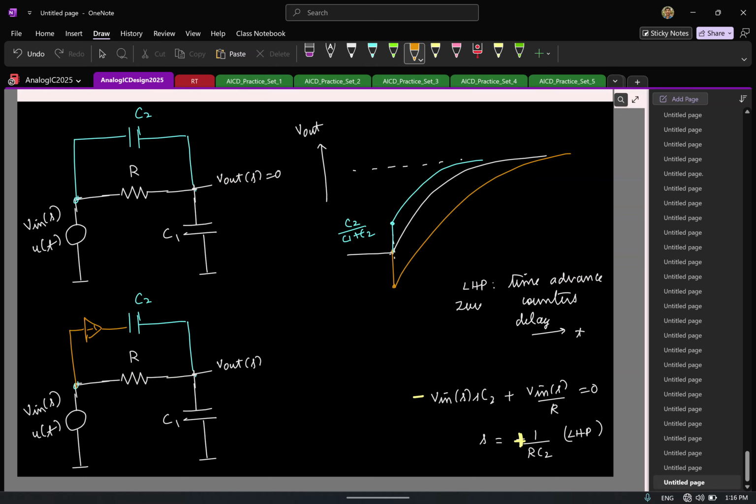So if you have an RHP 0 like this, you see that at 0 plus, the output goes in the opposite direction to where you actually finally want to reach, which means this introduces more delay in your system. So if LHP 0 introduces time advance, I would say RHP 0 adds time delay, and that is why you get a situation where the system can become more unstable.